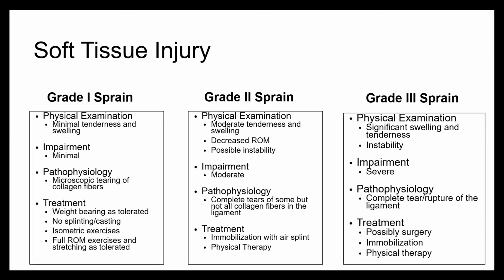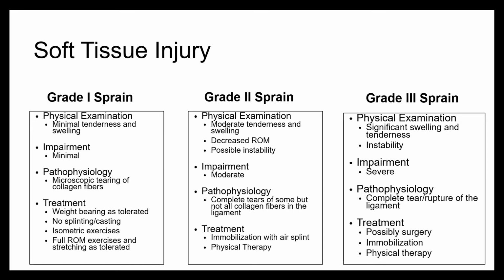Here there's going to be significant swelling and the ankle or the joint that was sprained is going to be unstable. As far as impairment, again, we have with a grade 1 minimal impairment, certainly a grade 2 is moderate impairment, and that grade 3 sprain, then the impairment is going to be severe.